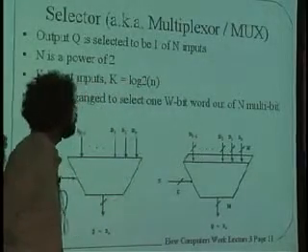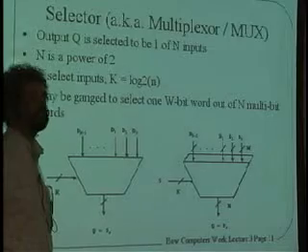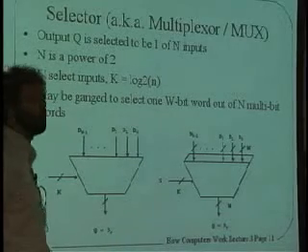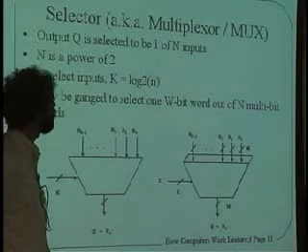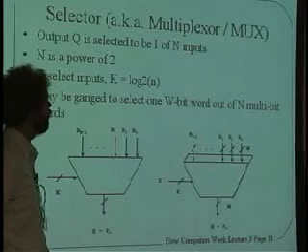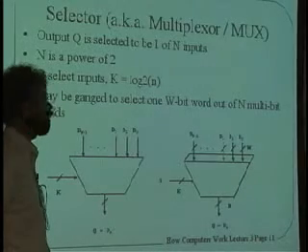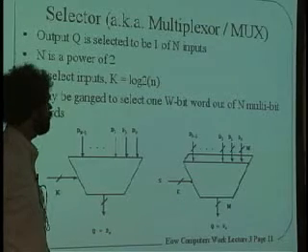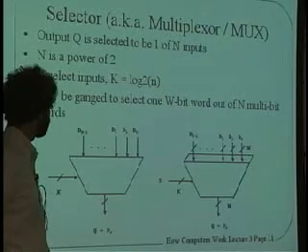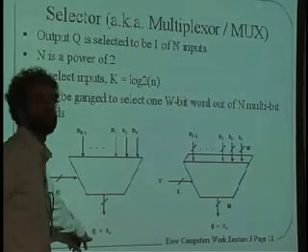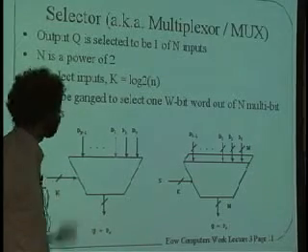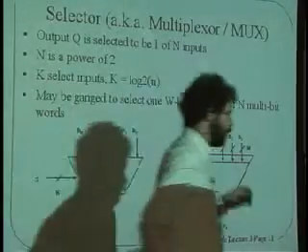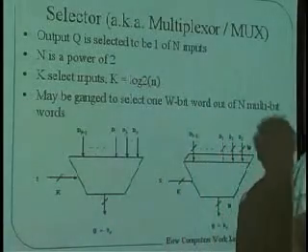Again, it's a combinatoric device, which means there's no clock involved at all. As soon as the data inputs are there and the selection is made on S, a short time after those data bits and selection get set up, the output will be produced over here on Q. So that's a way of choosing which piece of data we want to propagate forward.